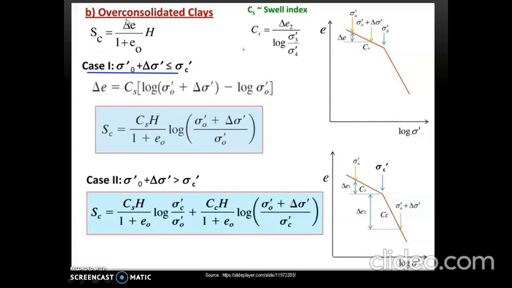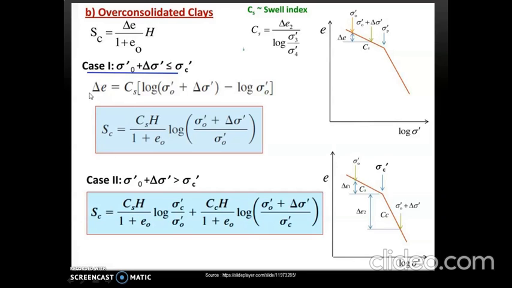And we will write delta e in terms of swell index Cs. So delta e is equal to Cs into log of final effective stress, that is sigma naught dash plus delta sigma dash, minus log of initial effective stress, that is log of sigma naught dash.